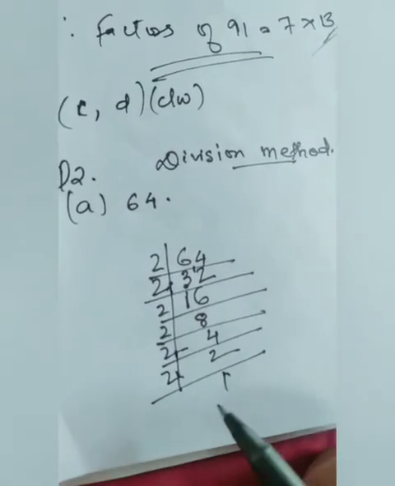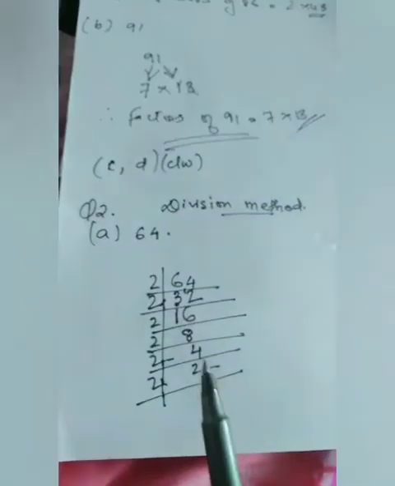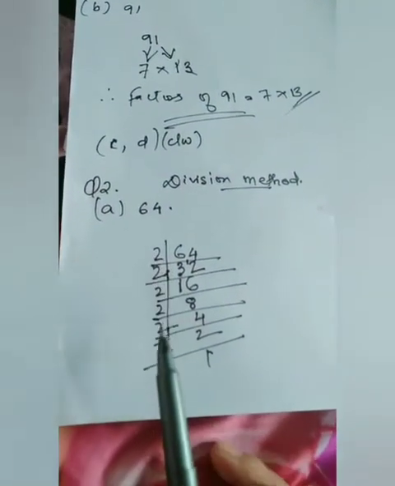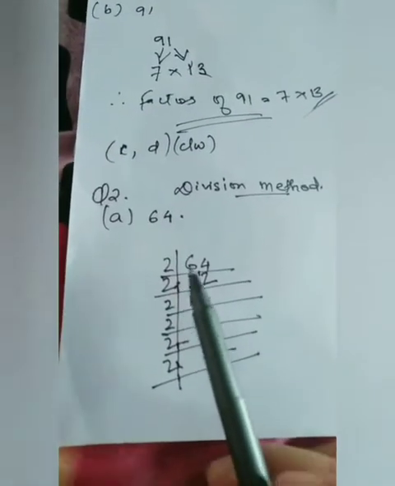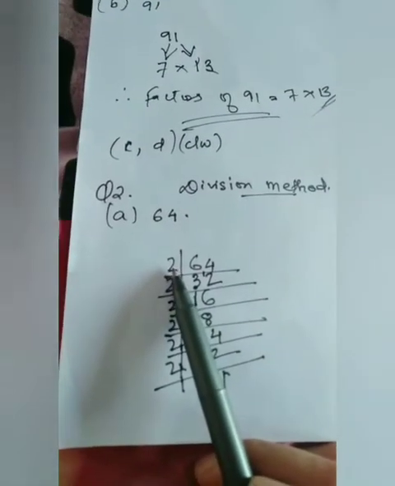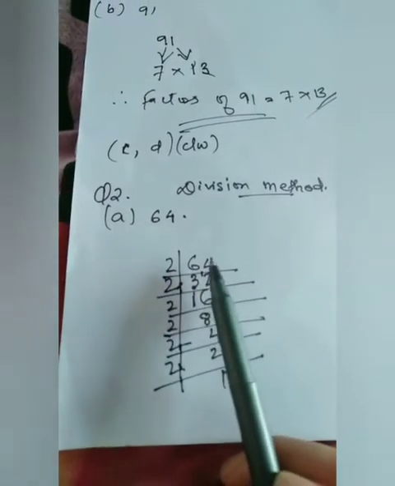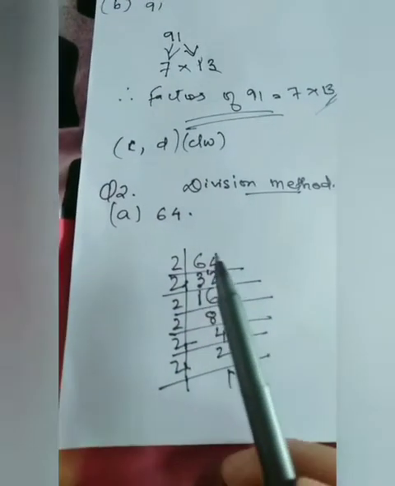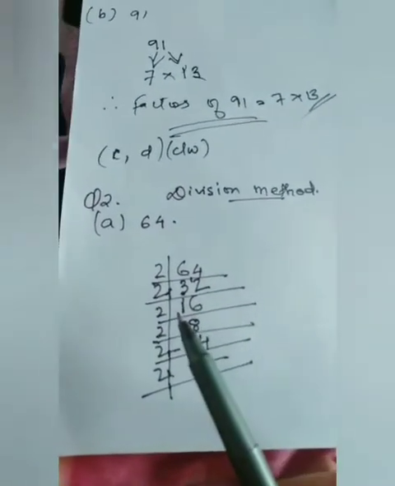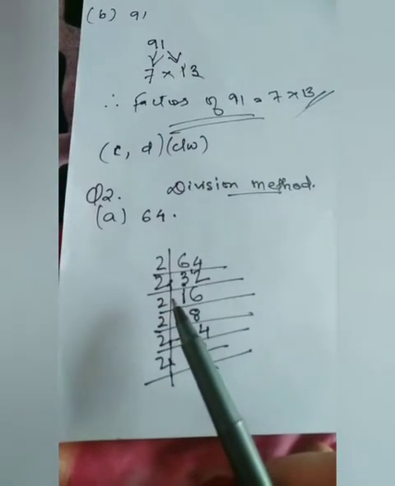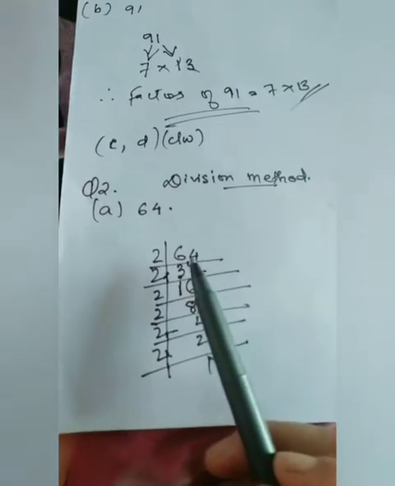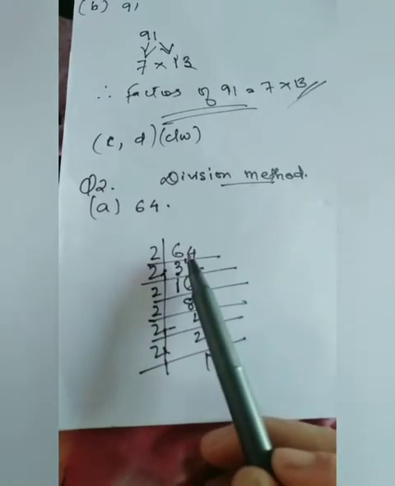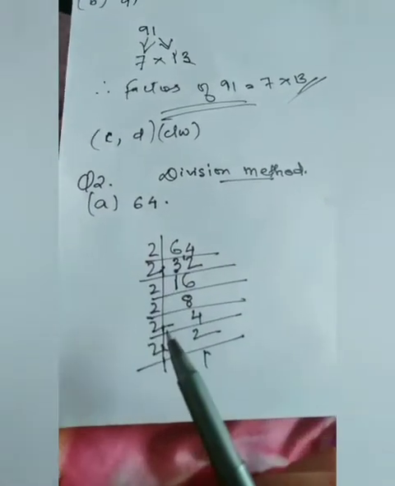Okay, 2 2s are 4. Now 2 1s are 2. Here we have found all the factors. Keep in mind you have to start factorizing by the smallest prime number. Okay, start with 2. If it is not divisible, then check by 3; if it is not, then 4. In a small to big systematic way you find out. Don't do it directly from 1 to 64 like that. Check from 2, the way we did here.